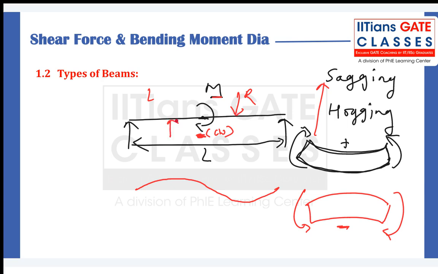Clear? You guys are understanding? So what is happening? The right side is undergoing what? Sagging, and this left side is undergoing what? Hogging. Clear, everyone?